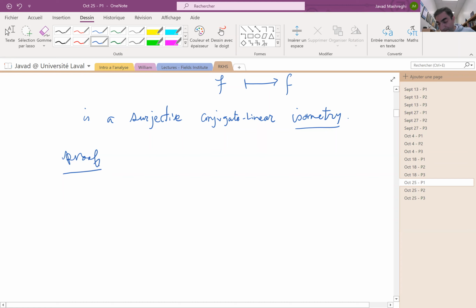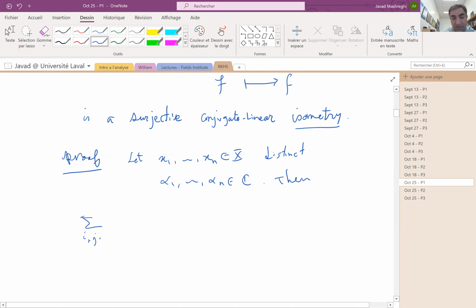First, why L is a kernel function. For this, let x_1 up to x_n be in X distinct, and correspondingly n scalars, not necessarily distinct, any alpha_1 up to alpha_n in C. Then what can we say about the sum over i and j from 1 to n of alpha_i, alpha_j, L of x_i and x_j, and we need to put a bar somewhere, either on the first one or the second one, it doesn't matter.